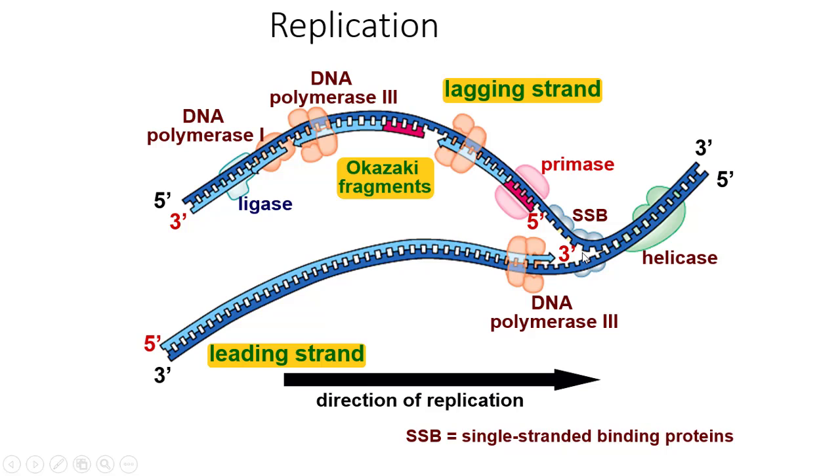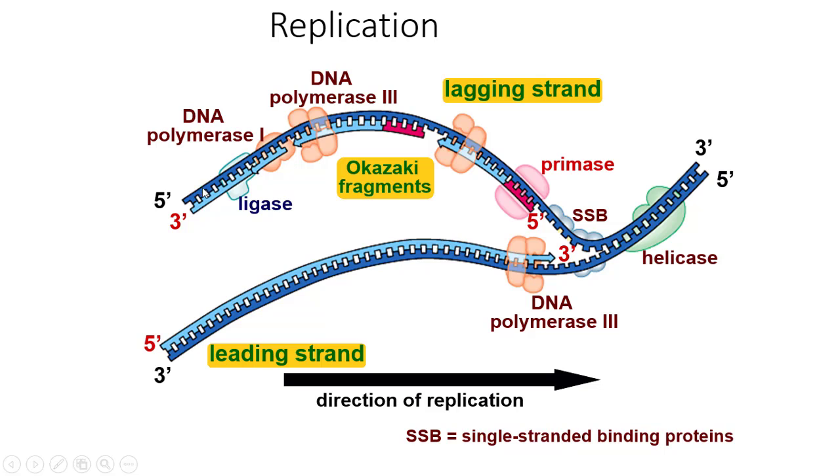That means here the opening is formed by the helicase activity. Towards the helicase activity, the DNA polymerase adds complementary base pairs without any disturbance. So it continuously forms a daughter strand, called the leading strand.